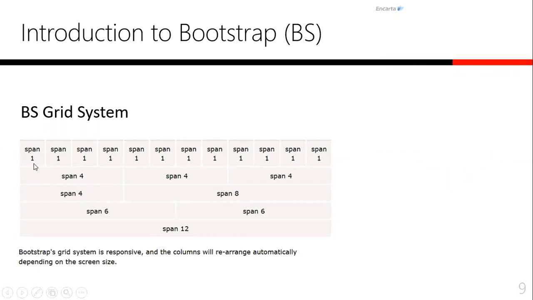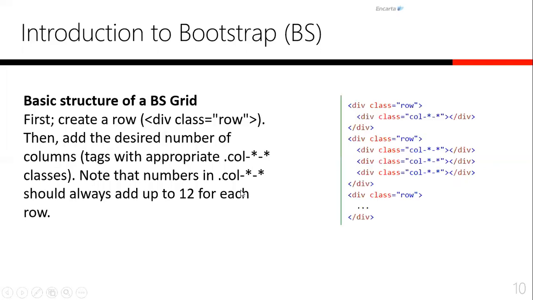So if I want to divide the page into 3, I'll have to use four columns at a time. If I want to divide my page into 2, and I want the left side to be smaller than the right side, I'll say maybe one should be 3 or 4, the other one should be 8. We'll get to clarify that part very, very well.